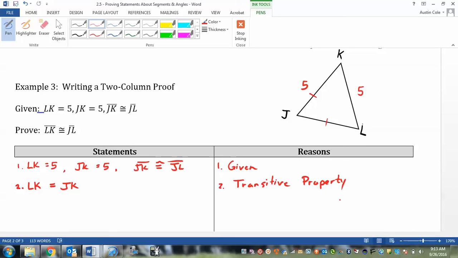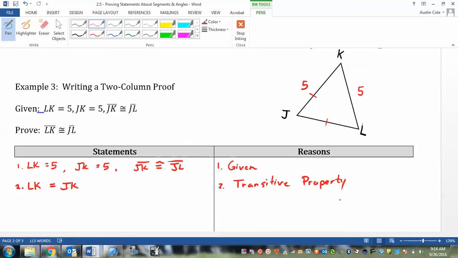Can I say one thing, guys? Constantly, if we're given something to prove, throughout the course of the problem we need to always relate back to our goal. Sometimes we get lost in just doing the proof, but we forget what we're trying to prove. We're trying to prove that LK is congruent to JL.